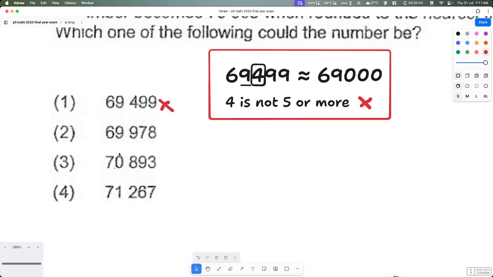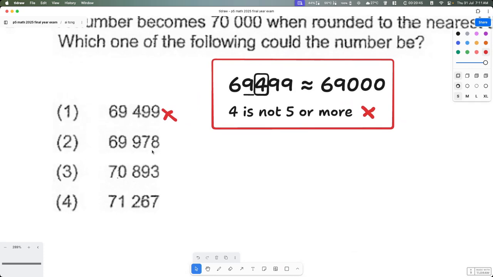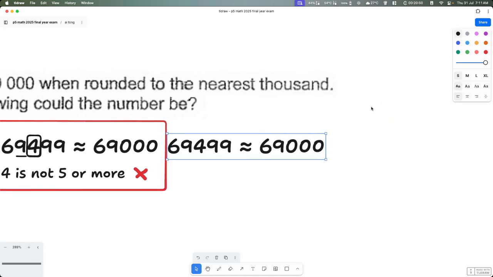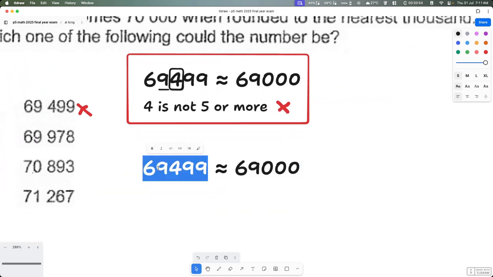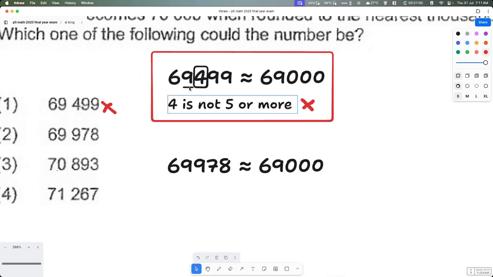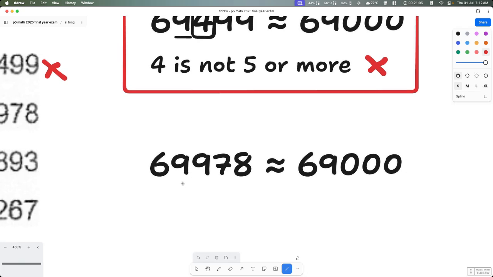We have 69,978. We're going to do the same. For 9,000, it will look something like this. Then after that, we will look at the number before the 9.